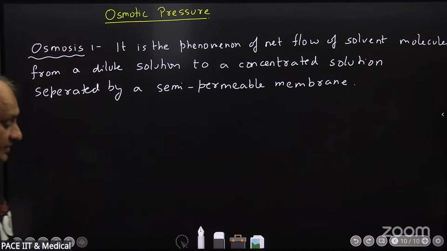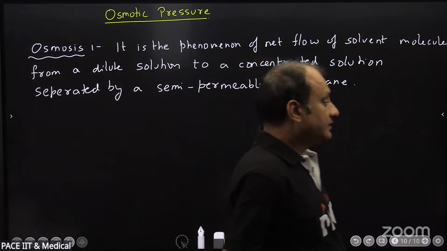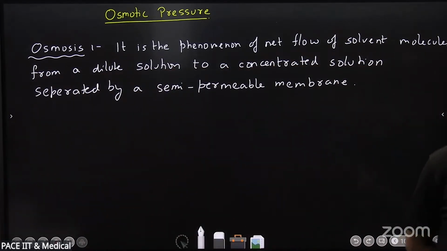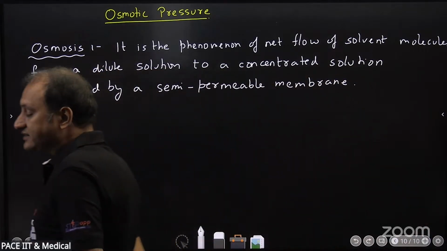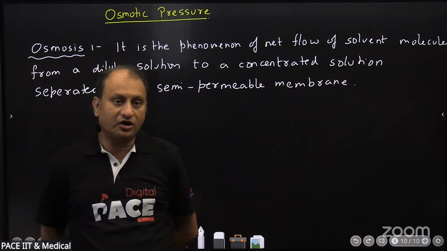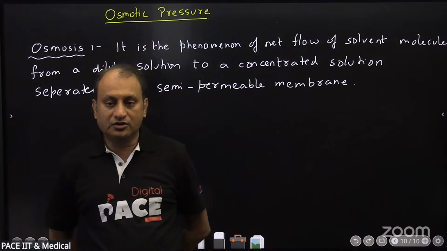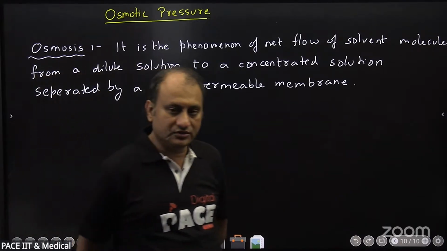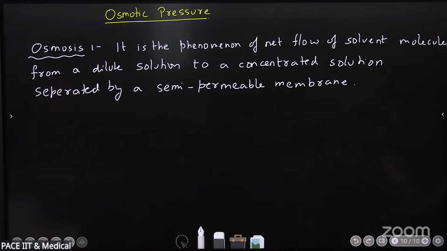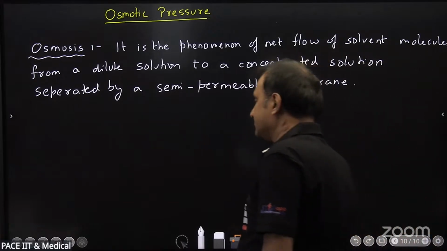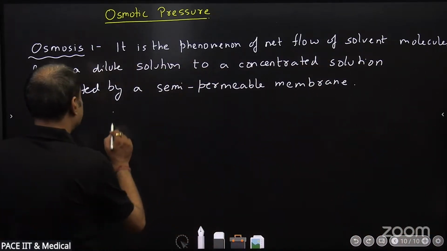Semi-permeable membrane here means we have placed a membrane between these two solutions, which allows passage only to solvent molecules, not to solute molecules. Okay. So only solvent molecules can pass through the membrane. Solute molecules cannot pass. So this is the situation here.